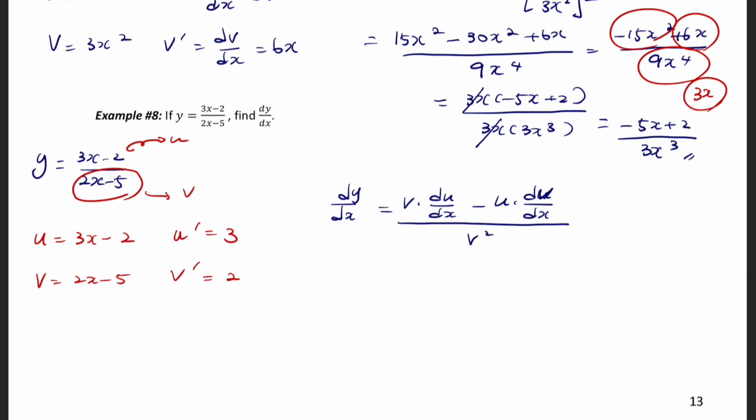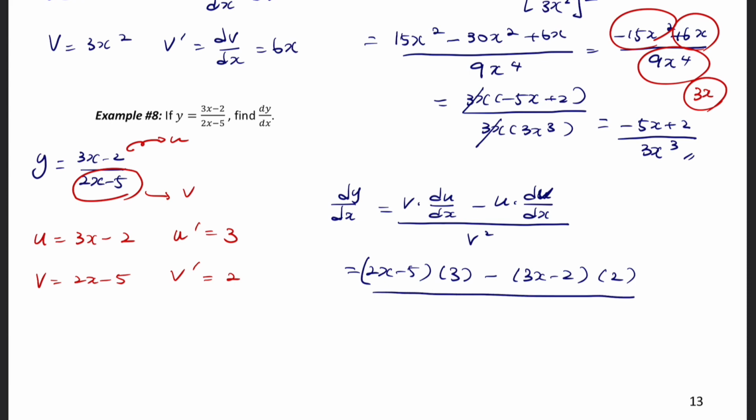Then this is the same as (2x minus 5) times 3 minus (3x minus 2) times 2, over (2x minus 5) squared.